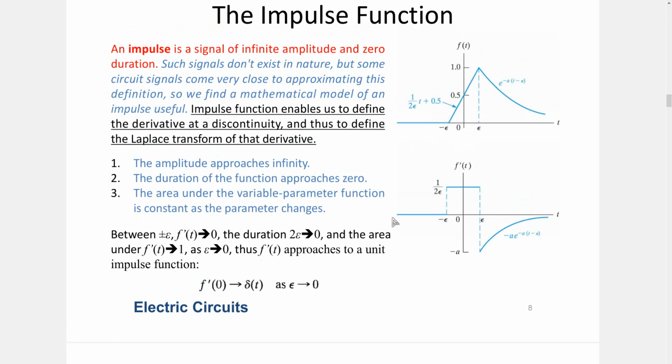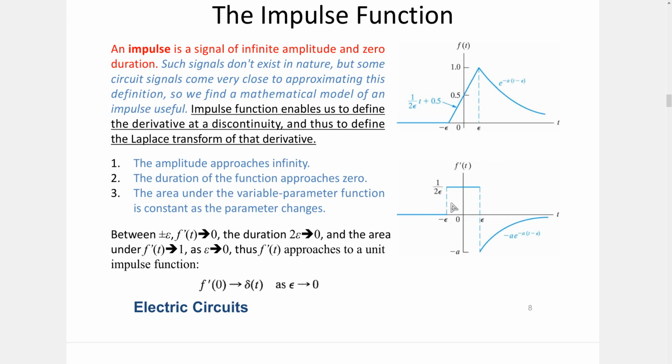Okay. If you look at the function and its derivative by definition, since I have a linear portion here, its derivative will be constant, as you can see, and between minus epsilon and epsilon I will have a constant 1 over 2 epsilon value.